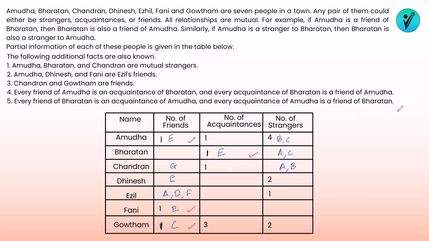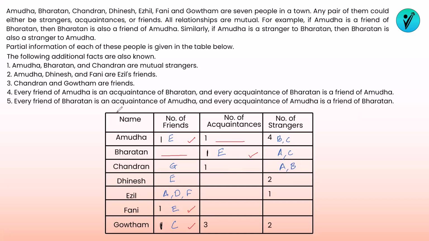Let's go to the 5th statement. The 5th statement says, every friend of B is an acquaintance of A. Every friend of B is an acquaintance of A, and every acquaintance of A is a friend of B. What does this mean again?